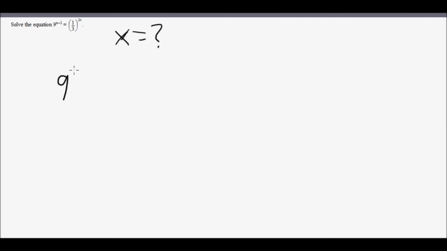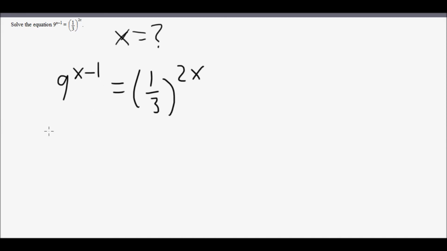So I will just rewrite the question here. And now let's see what we have. So we have 9 to the x minus 1 equals 1 over 3 to the power of 2 times x.